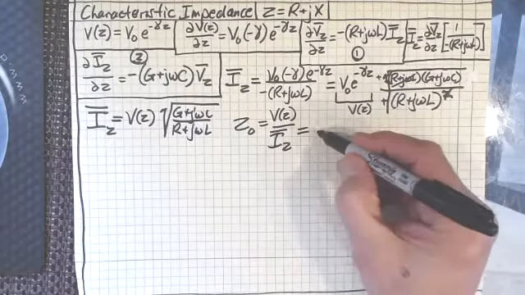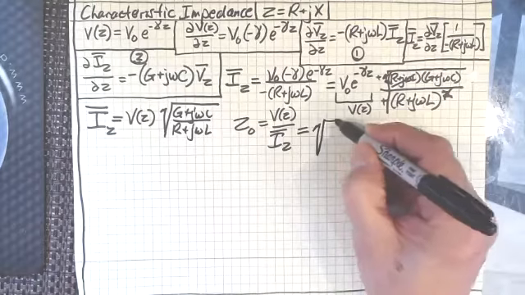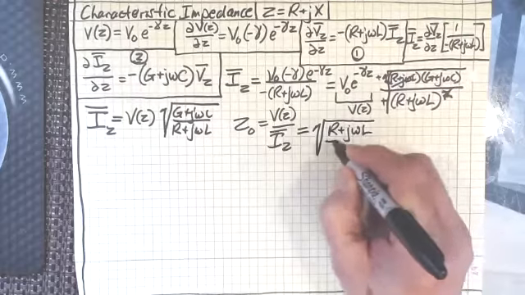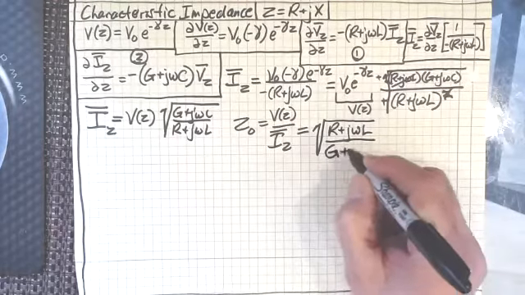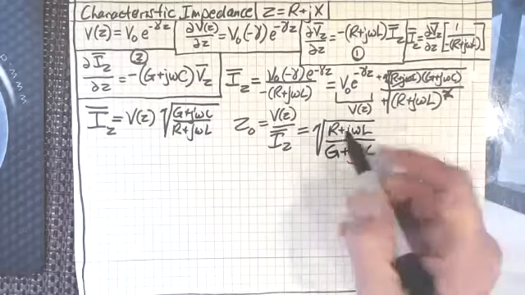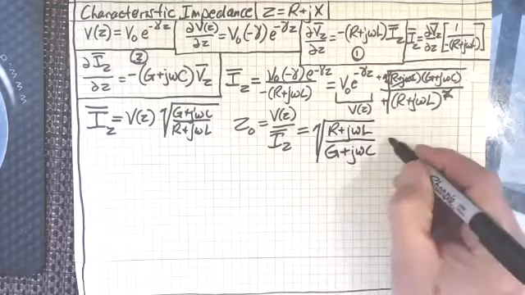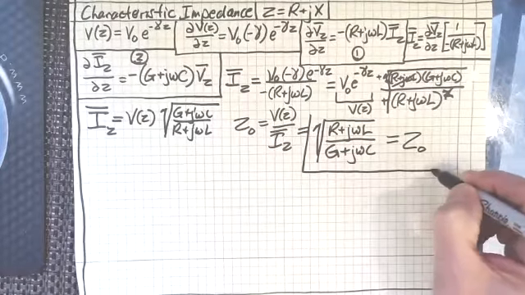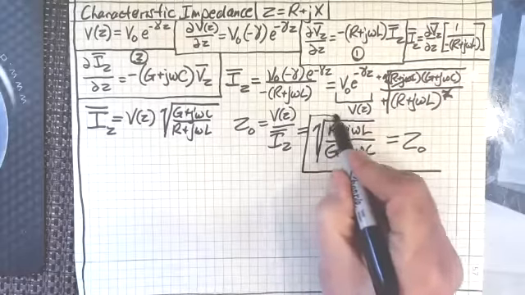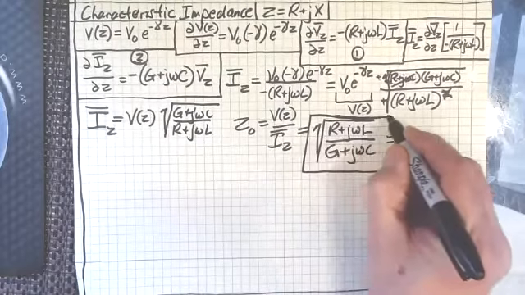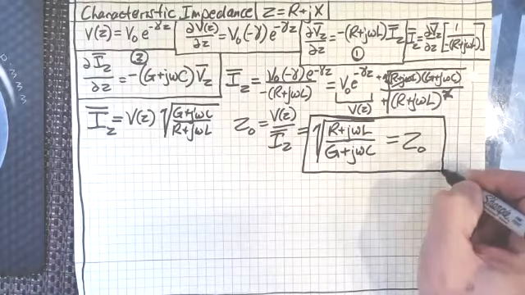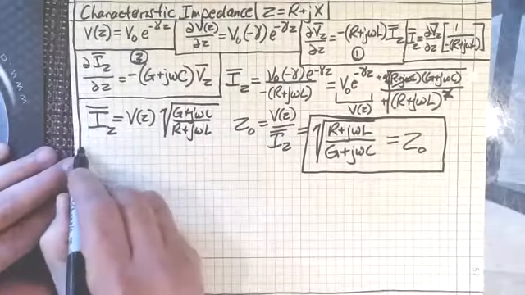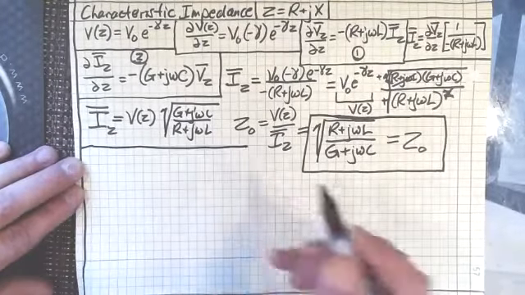And what that would give me then is the square root of R plus J omega L over G plus J omega C. And I'm just going to write Z sub 0 there. Now you see why it's not L divided by C? That's right. I'll tell you what he was talking about in just a second, but now look at that.